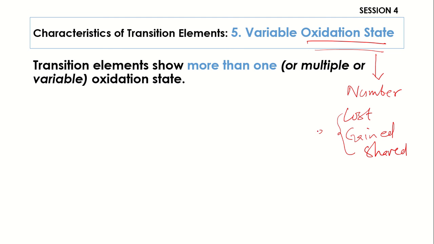Based on the number of electrons gained, shared, or lost, the number is assigned, and that number we call the oxidation state. So the interesting thing about transition elements is they tend to show more than one oxidation state.